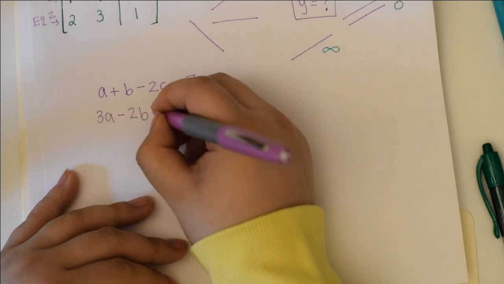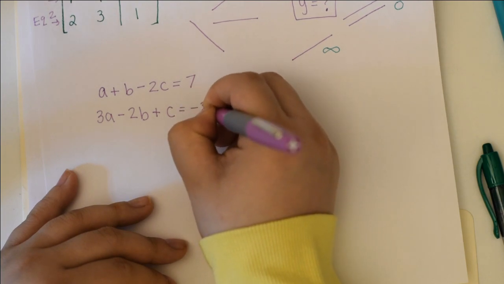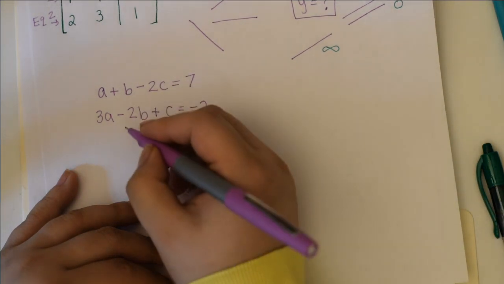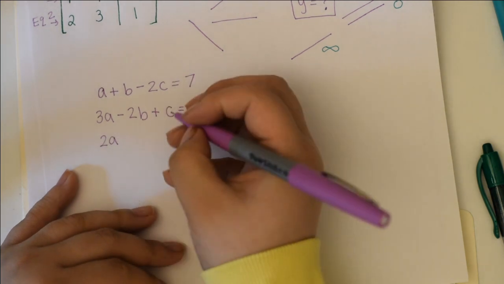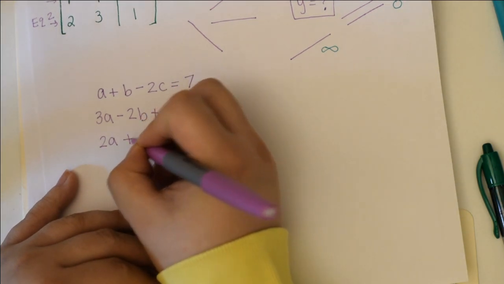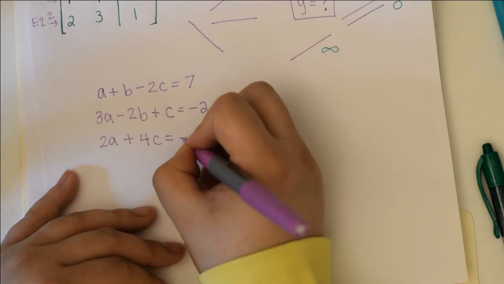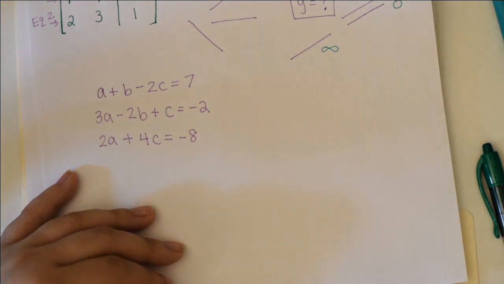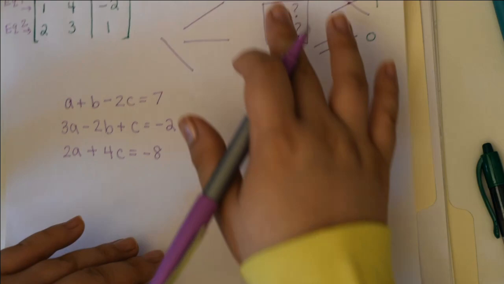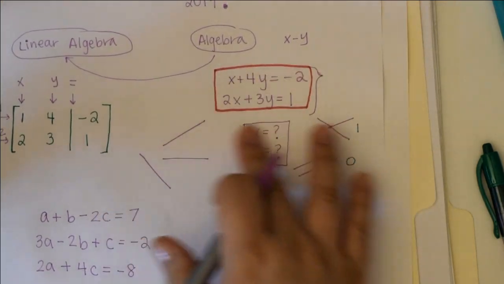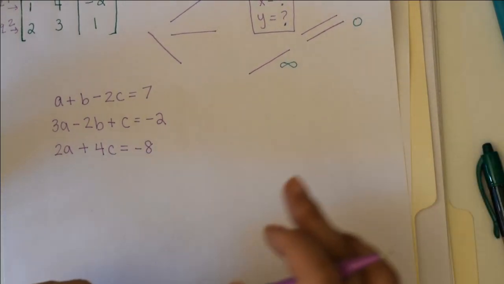I don't have actual values here, so don't try to solve this. And then let's say we have 2a plus 4c equals -8. Okay. So let's do the same thing that we did with this system of linear equations and make a matrix to represent this.